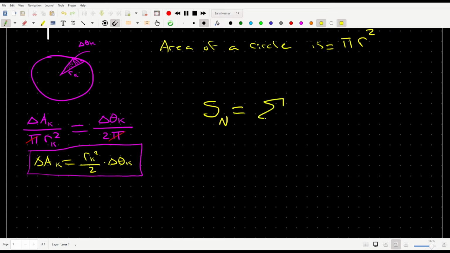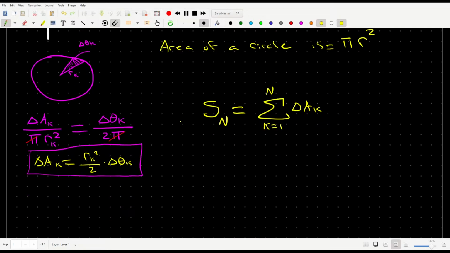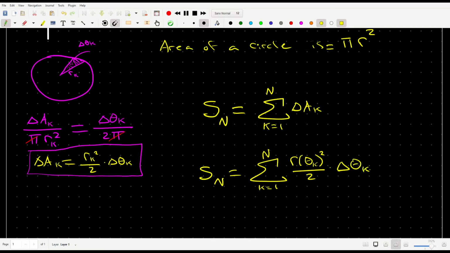Which means that a sum that approximates the total area bounded by this curve is the sum from k equals 1 to n of delta A k, the sum of each one of these segments, or S n is equal to the sum from k equals 1 to n of r of theta k squared over 2 times delta theta k.